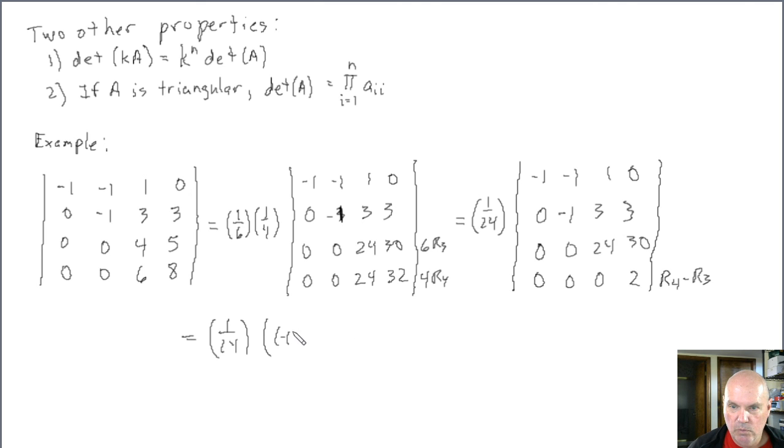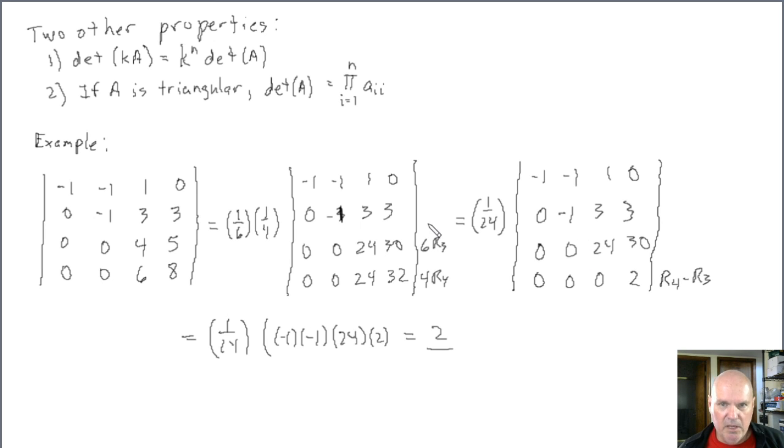So I'll have minus 1 times minus 1 times 24 times 2, which is 48, divided by 24, or 2, which is exactly the same answer I got previously. So a couple extra steps to reduce the matrix to triangular form, and then easily find the determinant. I don't have to do any sort of cofactor expansion or anything like that.